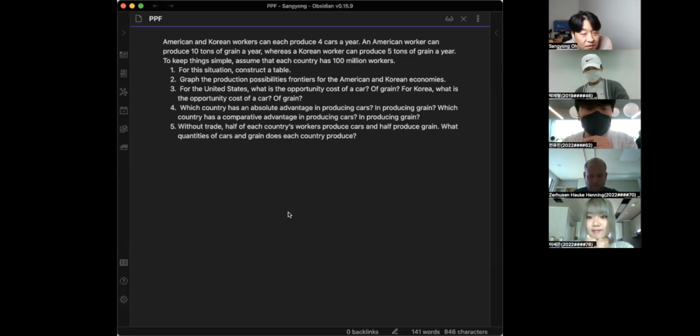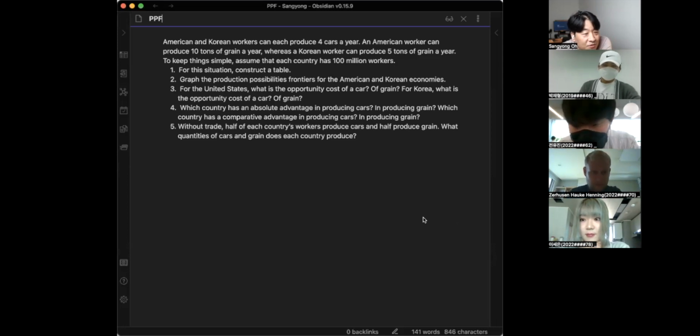He didn't say anything, but I think he agreed with this. Same answer? Did you vote? Yes. Okay, so you agree that nobody has any absolute advantage in producing cars.